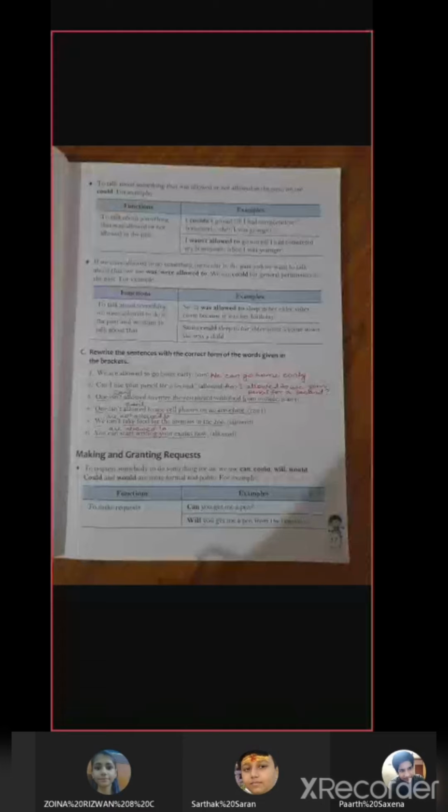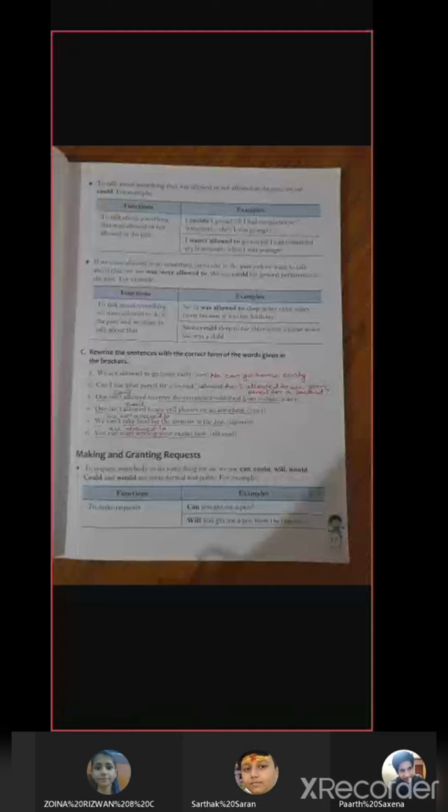Now, when we are talking of the past tense and permission asking, we use would. Let's see. To talk about something that was allowed or not allowed in the past. So if it was allowed, we use could. If it is not, we use couldn't. I couldn't go out till I had completed my homework when I was younger.